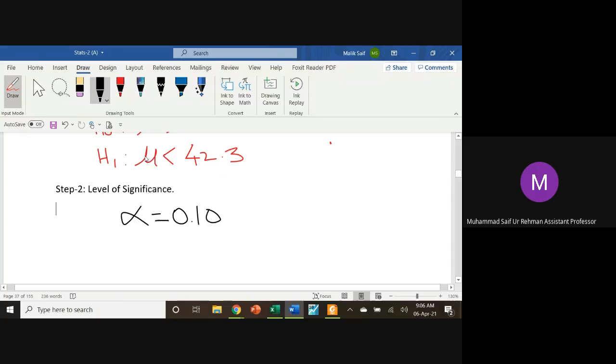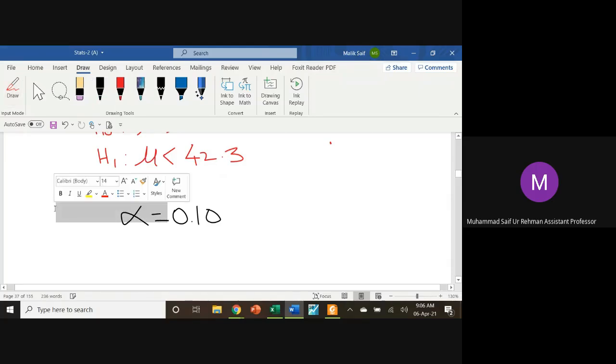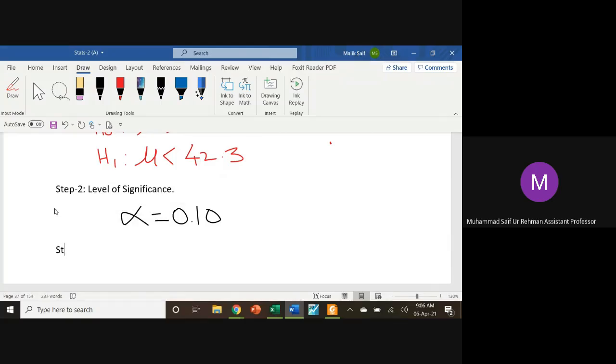Then comes step 3, and that is the test statistic.